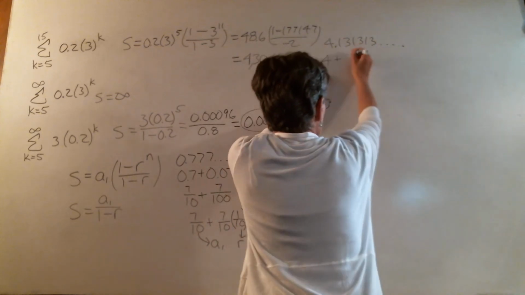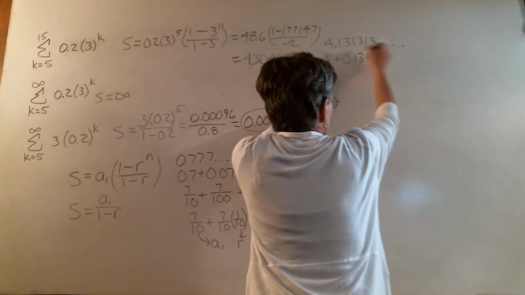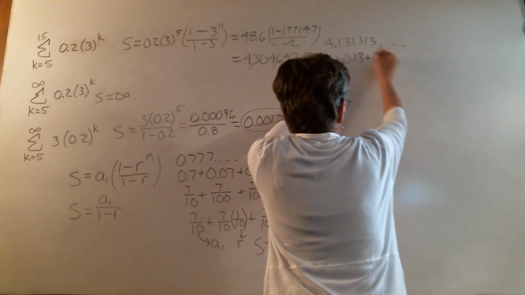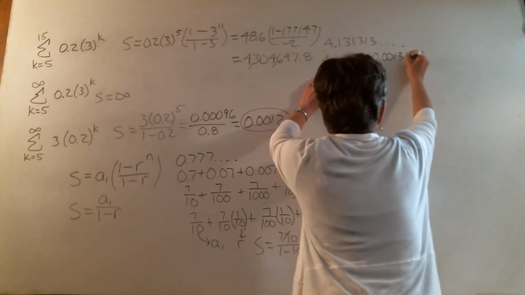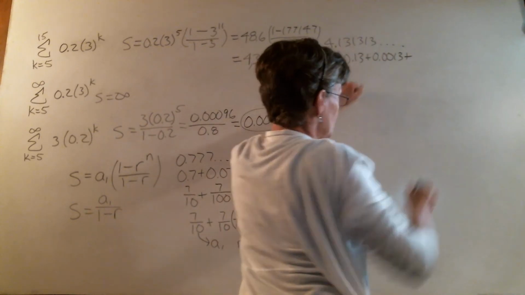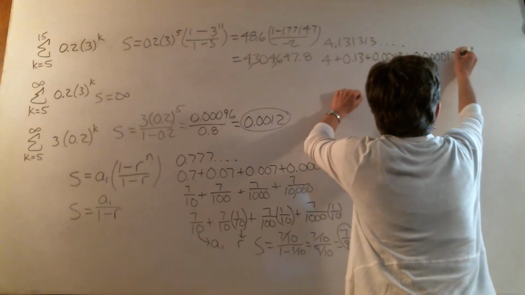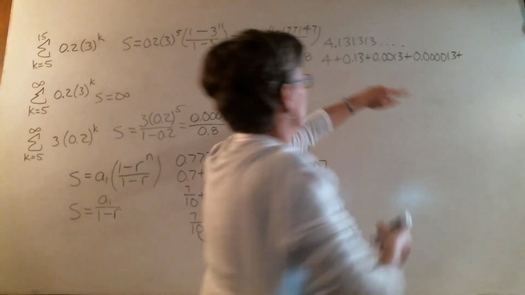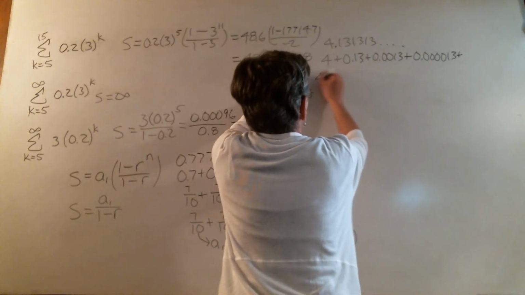Now, this is 0.13 plus, and then the next 13 is going to be 0, and I'll have 2 zeros in front of it. And then the next 13 has 4 zeros in front of it, and it keeps going that way.